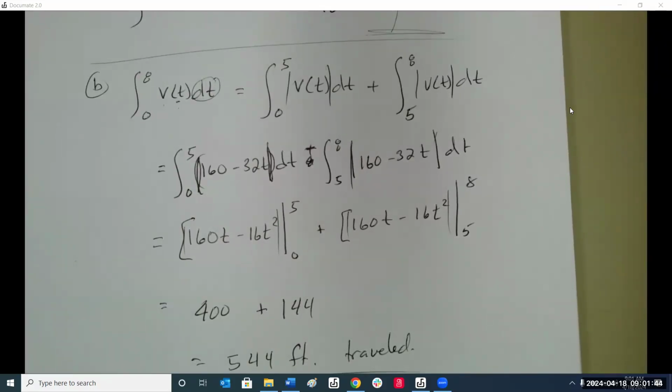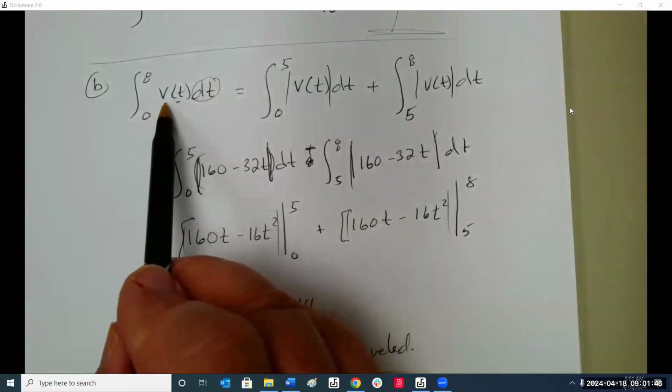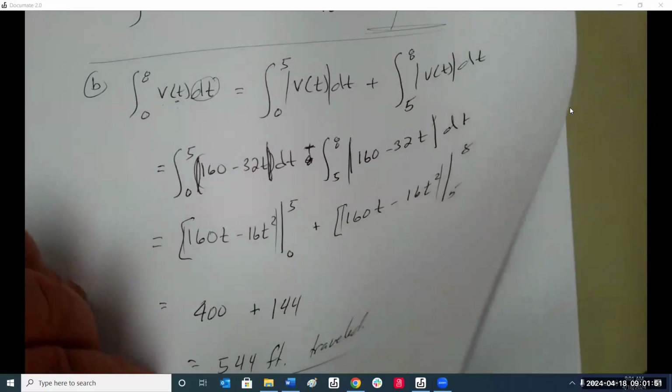I have to be able to ask that, but yeah, we're integrating because later on in Cal 2, you'll have implicit functions. These are explicit functions where y equals some function of t or some function of x.